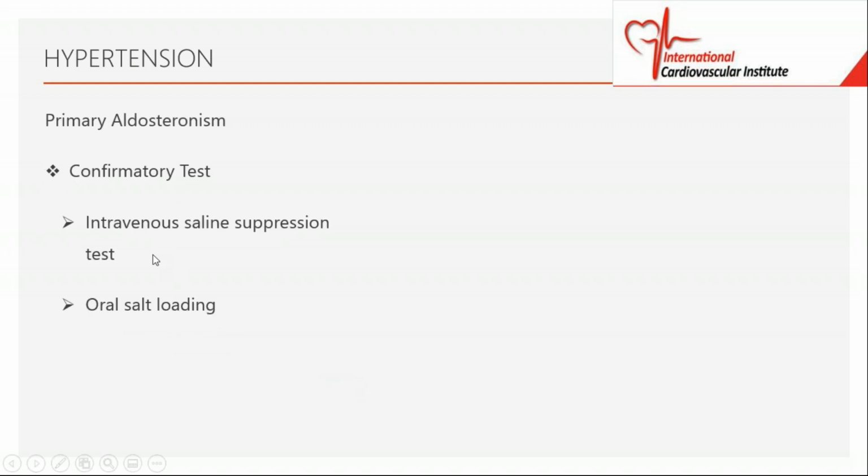So the screening test is the aldosterone to renin activity ratio, and the confirmatory test is the saline suppression. If it's not autonomous production, you should be able to suppress the aldosterone by salt loading the patient.